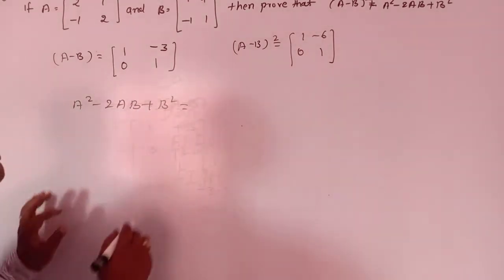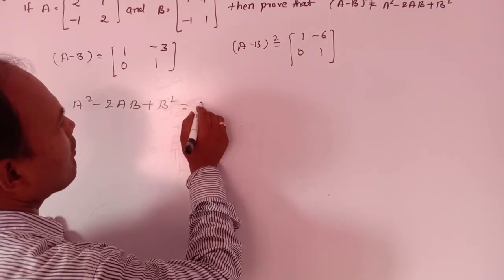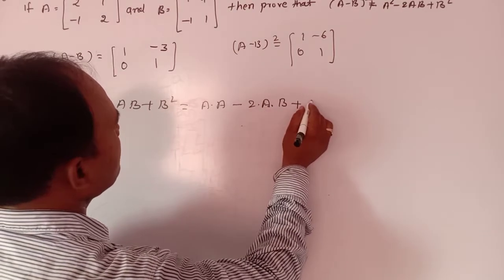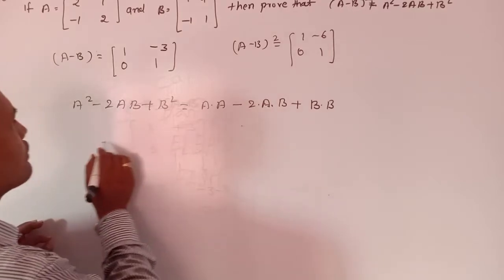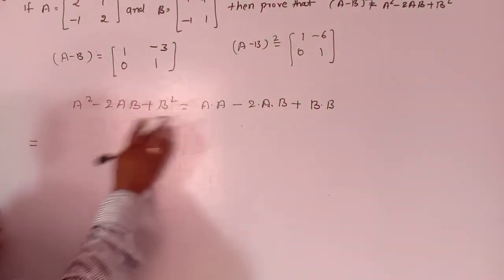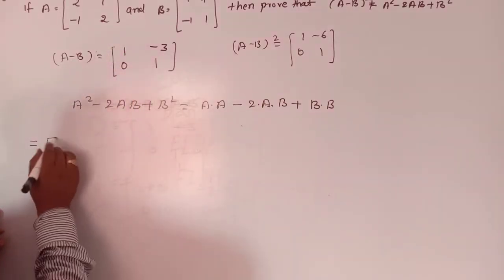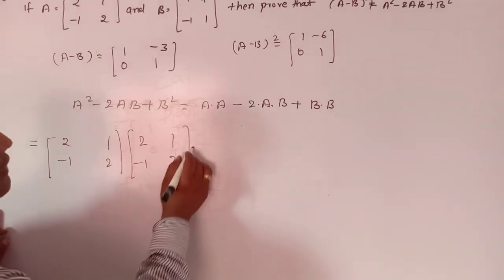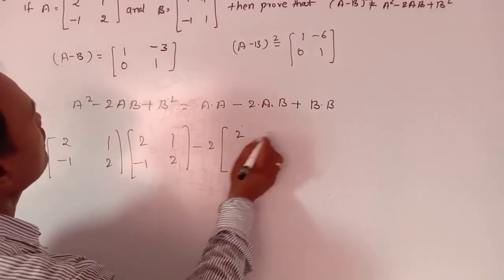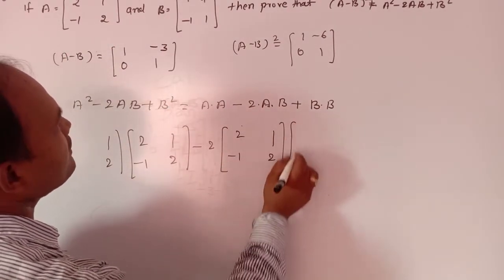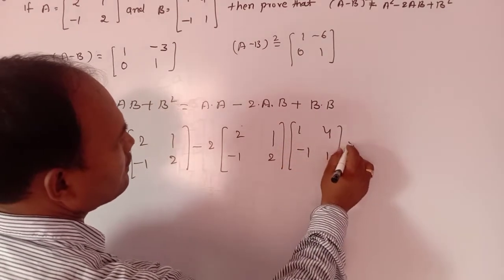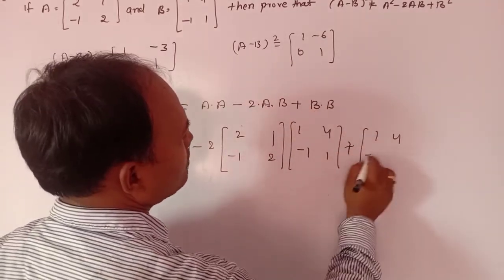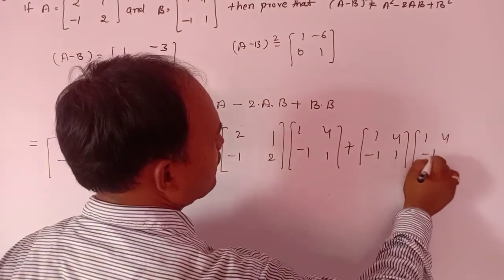So A square means A multiplied by A, minus 2 A dot B, plus B dot B. When we are saying about A multiplied by A, we can say that [2 1; -1 2] multiplied by [2 1; -1 2], and minus 2 multiplied by A, so A is [2 1; -1 2], and the value of B is [1 4; -1 1], and plus B dot B, so we can say that [1 4; -1 1] and [1 4; -1 1].